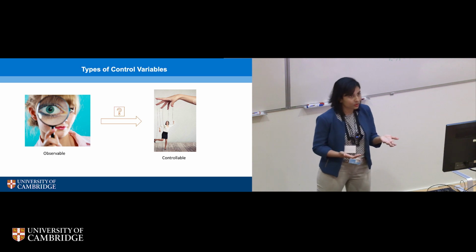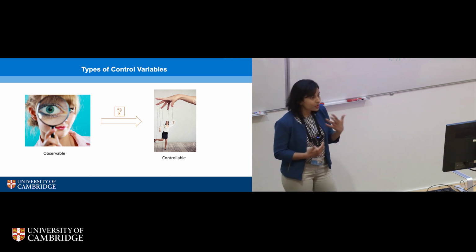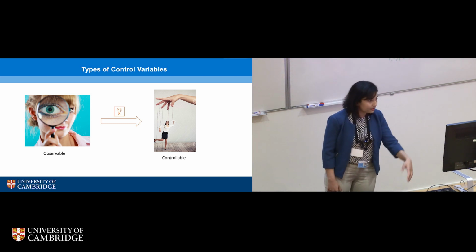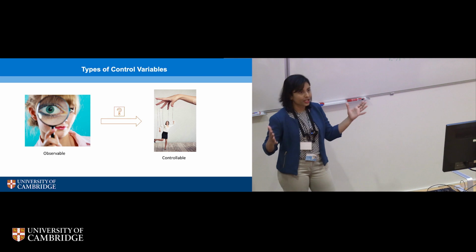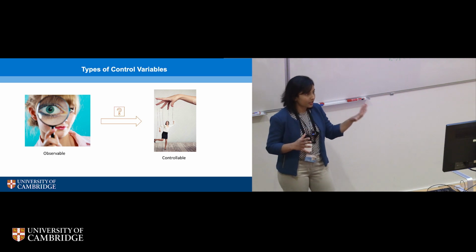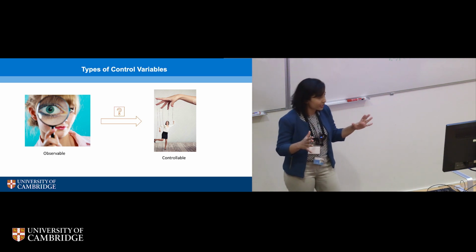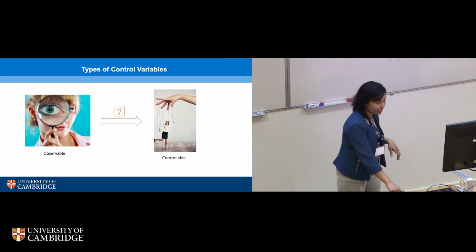And there are controllables, such as pH or temperature, which you can actually alter from the outside. So we wanted to see if we can make an observable a controllable in some way. If we can find a relationship between a controllable and an observable, maybe we can manipulate that relationship to control an observable. So these things were really useful when it comes to network theory.